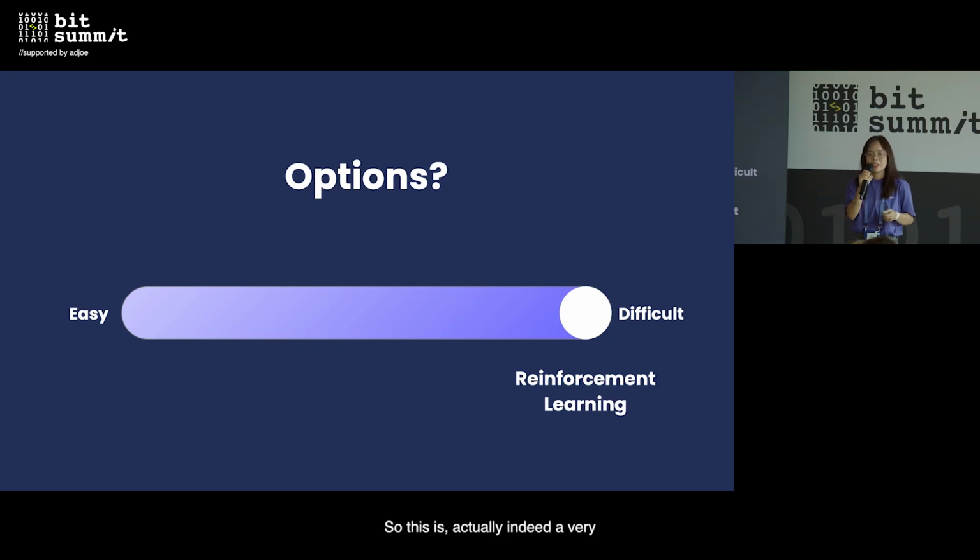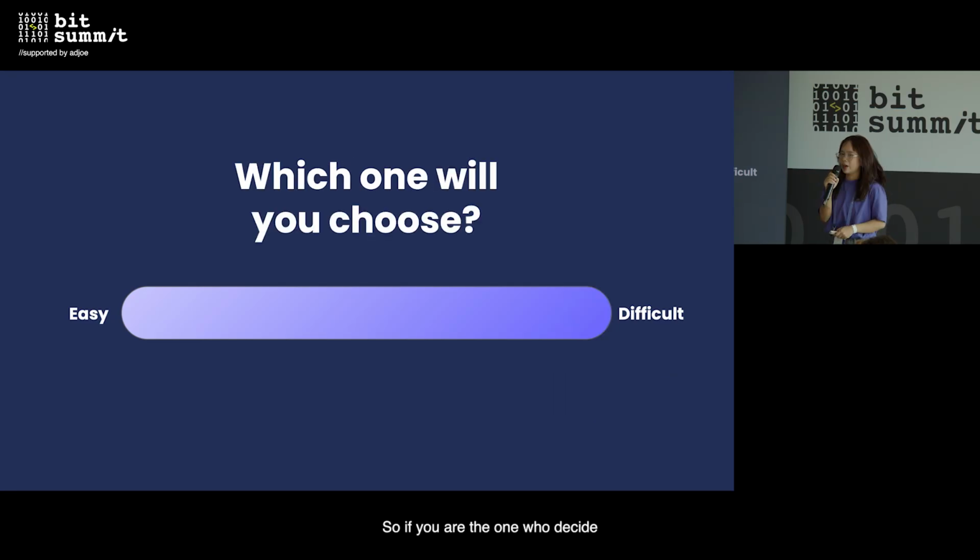This is indeed a very powerful method, but it is quite expensive in the initial phase, because the agent, while trying to learn how to bid, could make a lot of bad decisions in the initial phase. So if you were the one who decides which method to implement, which one would you go for? Who will go with the easy option?